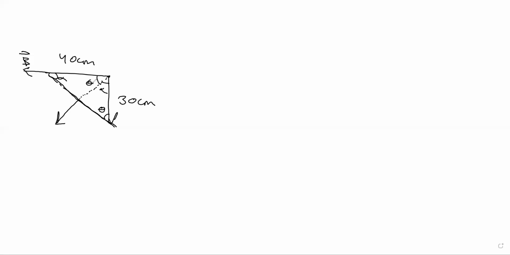I treated this as your adjacent, and this as your opposite. We can find that tangent of theta is opposite over adjacent, right? Beautiful. Then your theta is going to be arctangent of 4/3 in this case. Is it clear now?